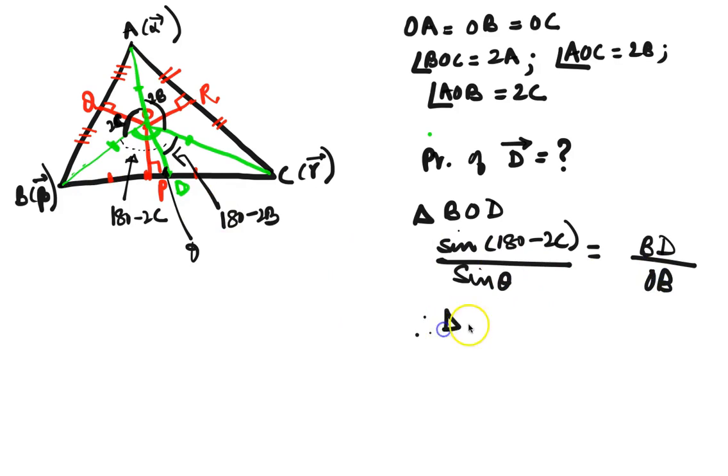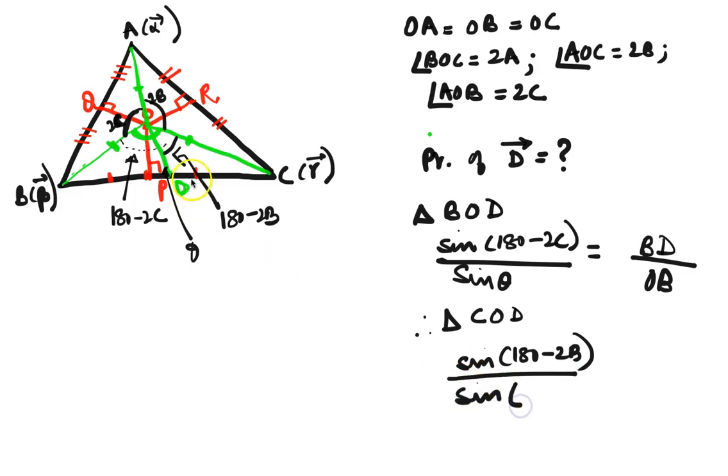Similarly, in triangle COD, we can say sine of 180 minus 2B upon sine of this angle, which is 180 minus theta, is equal to opposite side CD upon OC.